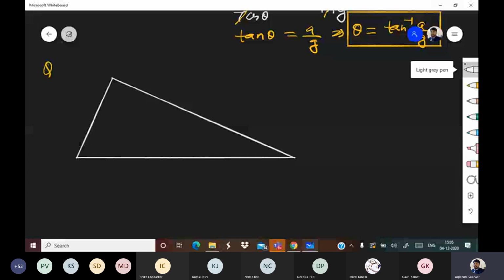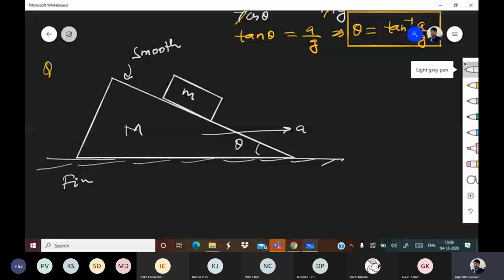This is capital M. This is small m. The question says find acceleration. This is smooth. Question is find the acceleration of capital M such that small m does not slip on it.